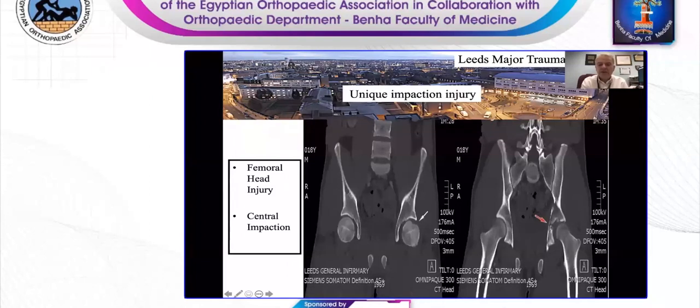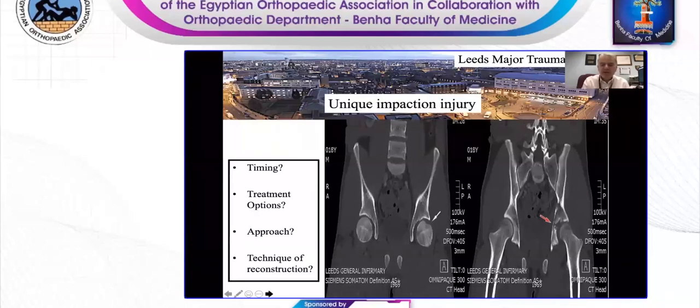These are the coronal views of the CT, and you can see where the red arrow is that there is an element of central impaction injury of the acetabulum in addition to the fracture to the femoral head.